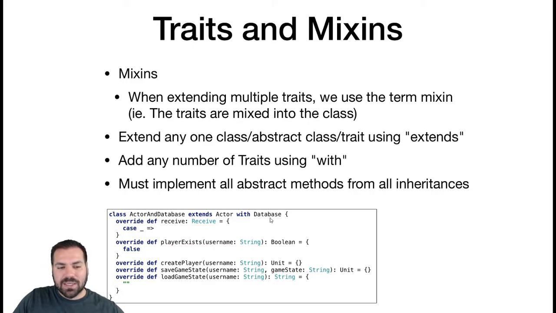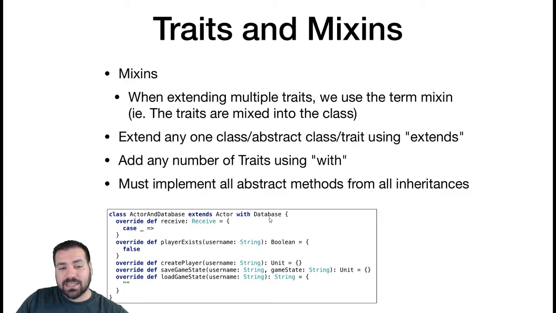If we just want to extend a trait, we would just say extends database. If we want this to be an actor and a database, we'll extend actor, because actor is not a trait. We have to extend that one. And then use the keyword with, and then a comma-separated list of all our mix-ins. In this case, just one, so no commas.